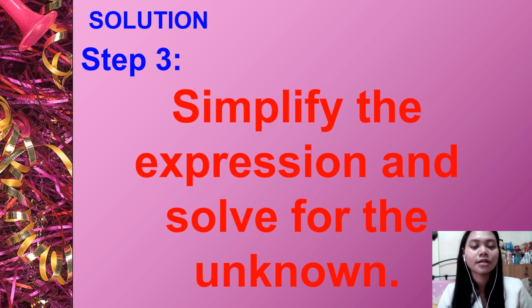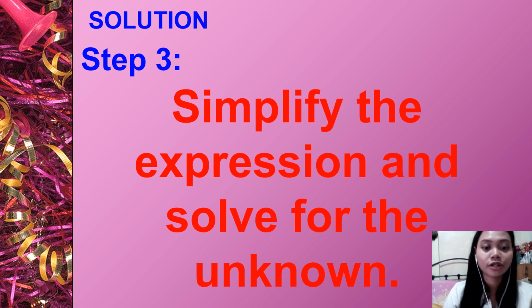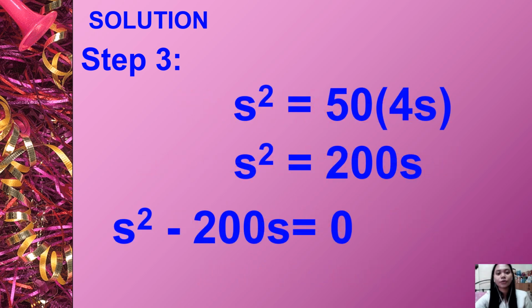Third step, we have to simplify the expression and solve for the unknown. So, ito po yung magiging ating solutions. So, s squared is equal to 50 times 4s. So what is 50 times 4s? That is 200s.